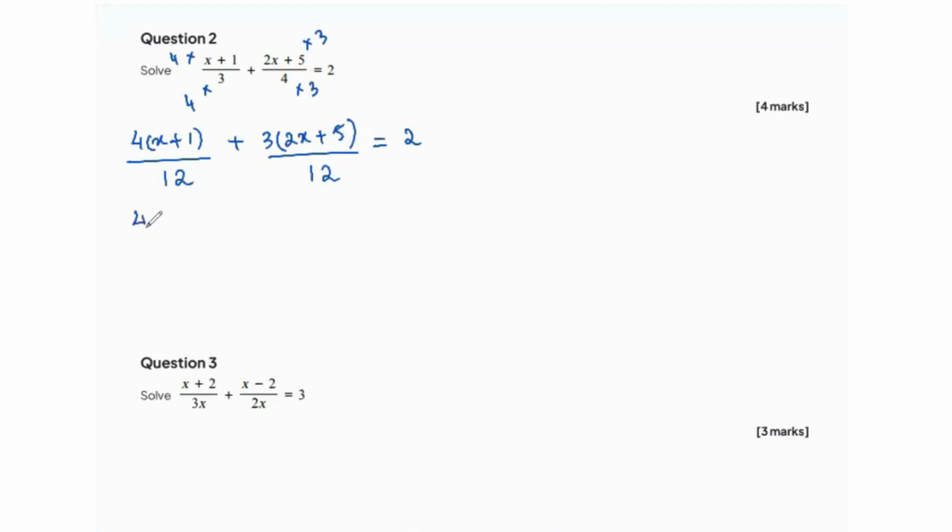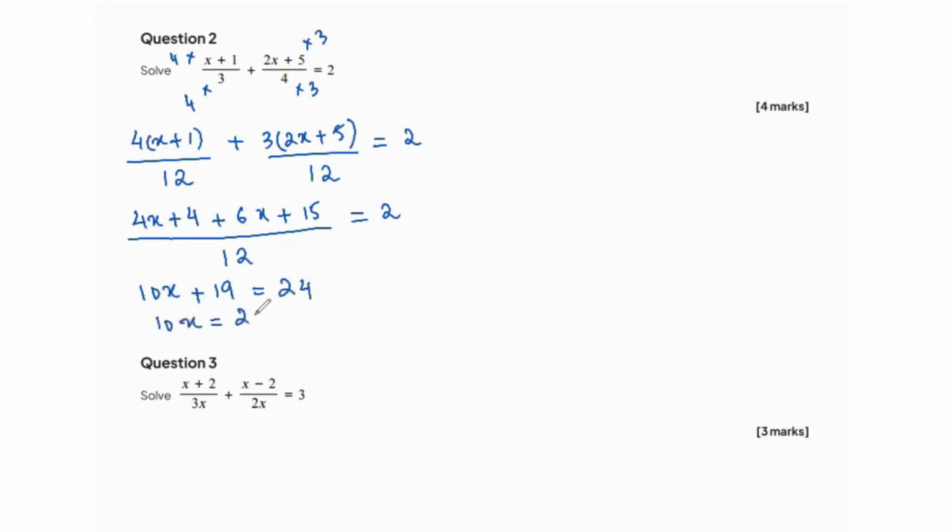So that's going to be 4x plus 4 plus 6x plus 15 divided by 12 equals 2. Combine the like terms, so 10x plus 19 equals 24.